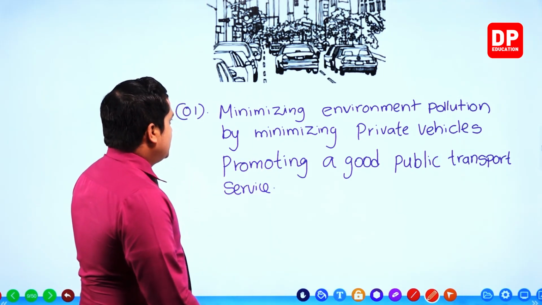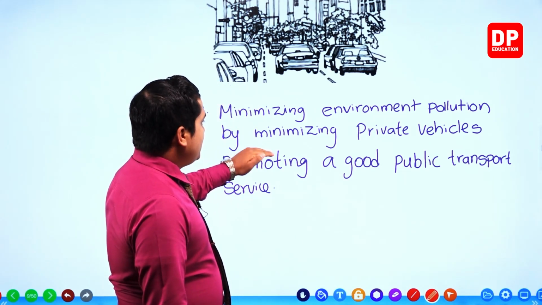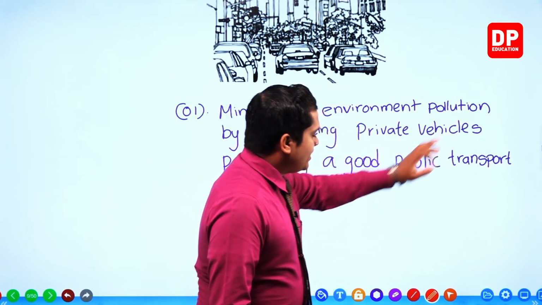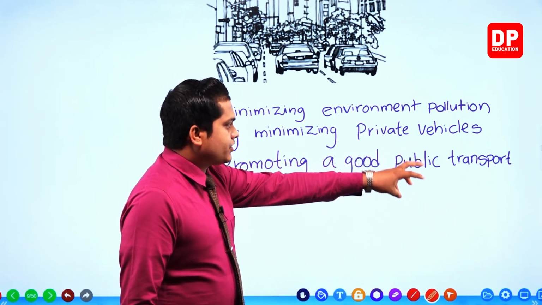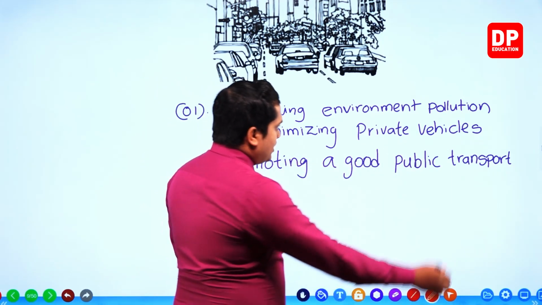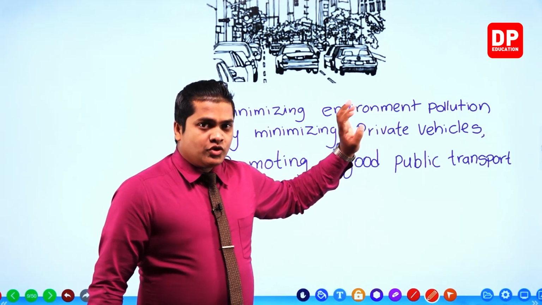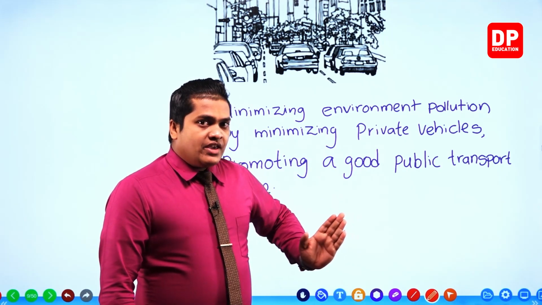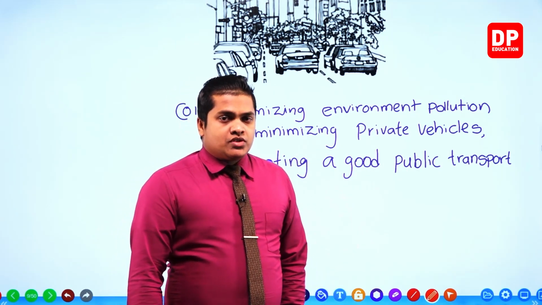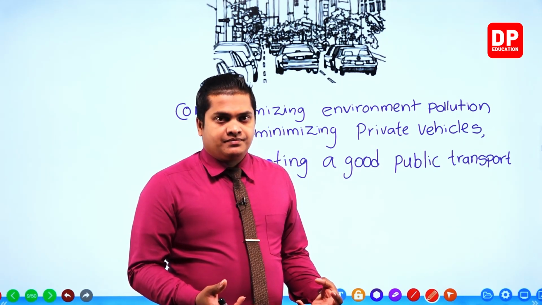Right. So minimizing environment pollution by minimizing private vehicles, promoting a good public transport service. So how can we minimize the usage of private vehicles? Private vehicles are most often used if the public transport service is terrible.